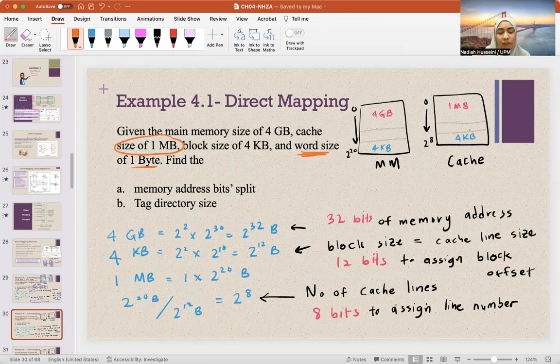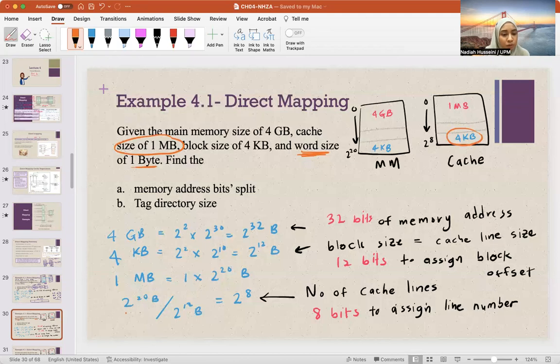And we know that one cache line is equal to the same size of the block. Cache line size is equal to block size. So I wrote over here 4 kilobyte for one cache line. Okay, so if I know what the total size of my cache is, which is 1 megabyte, and I know what the size of one cache line is, I will know how many cache lines I have inside my cache.